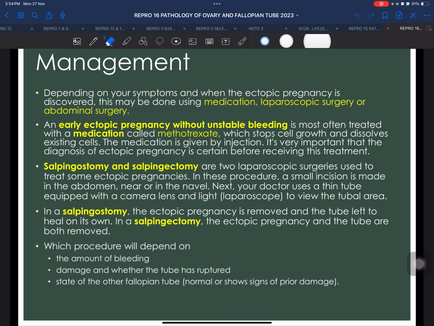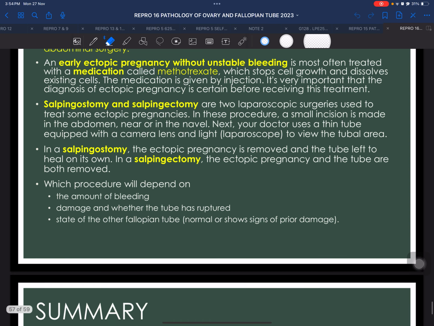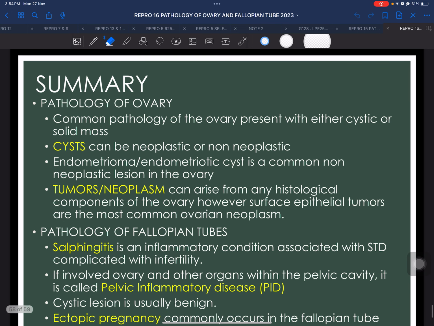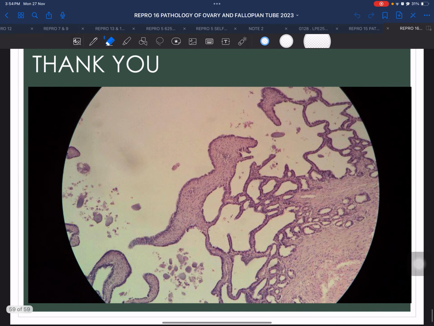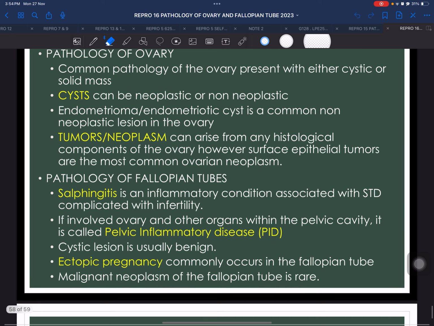Okay? So in summary, for the pathology of the ovary, you need to know the common pathology of the ovary that can present with either a cystic or solid mass. The cyst can be non-neoplastic or neoplastic.